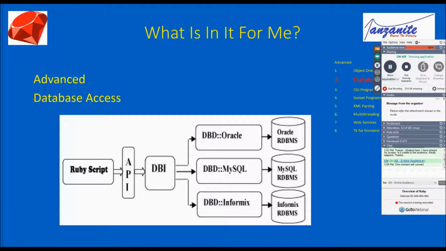Historically, when you look at other programming languages, if you had to access a database, what used to happen was you had to request an extension of the programming language from the organization, from the vendor who developed the database server.